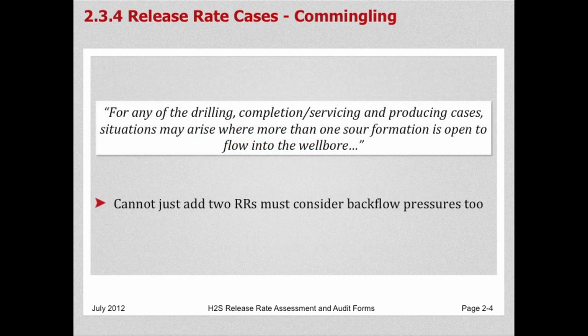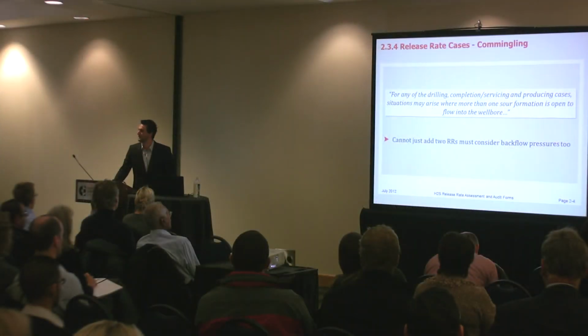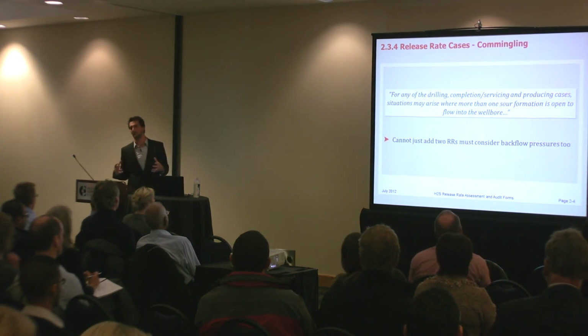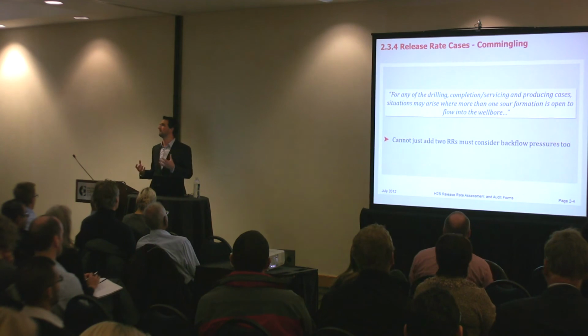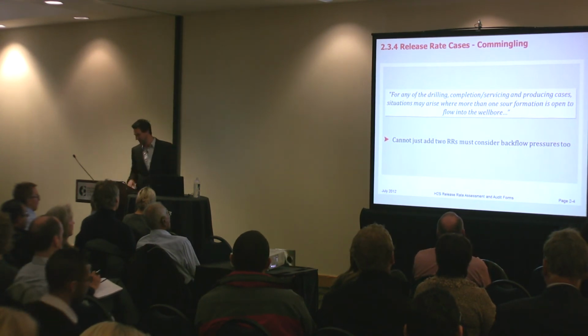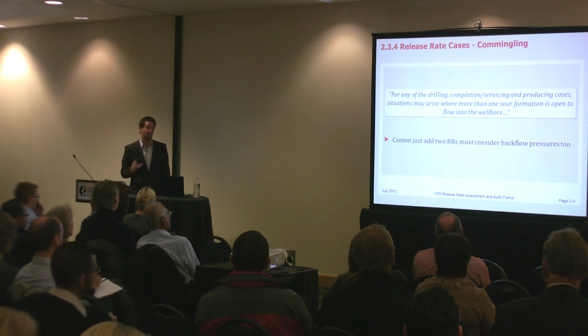Now, commingling. When I was reading the CAPP guidelines for the first time, I saw the word commingling, and it raised my eyebrows because I know that commingling is an issue right now with respect to the data. As pools get commingled, it really saturates and muddles the relevance of data now. So unfortunately, that's not what they're talking about here.